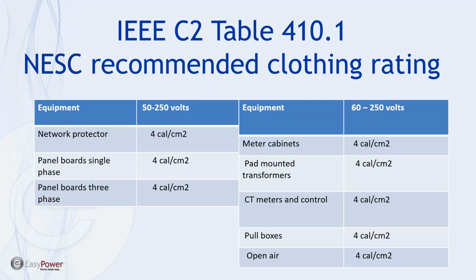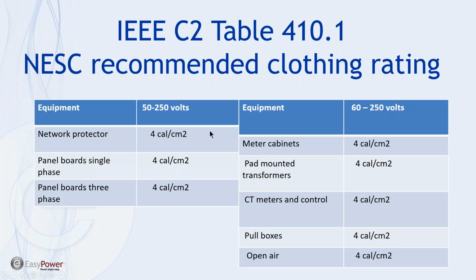One approach is to say, okay, let's look at what's recommended in the NESC standard, the National Electrical Safety Code, and they show for 50 to 250 volts a recommendation for PPE to be rated at 4 calories on both 3-phase and single-phase equipment.